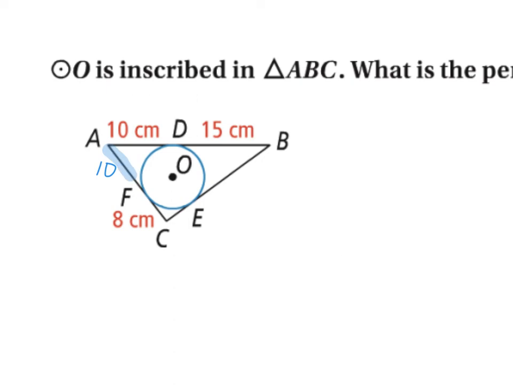Okay, we know if FC is 8, EC is also going to be 8. And then if DB is 15, then we know EB will also be 15. Okay, so now we have all these pieces labeled.